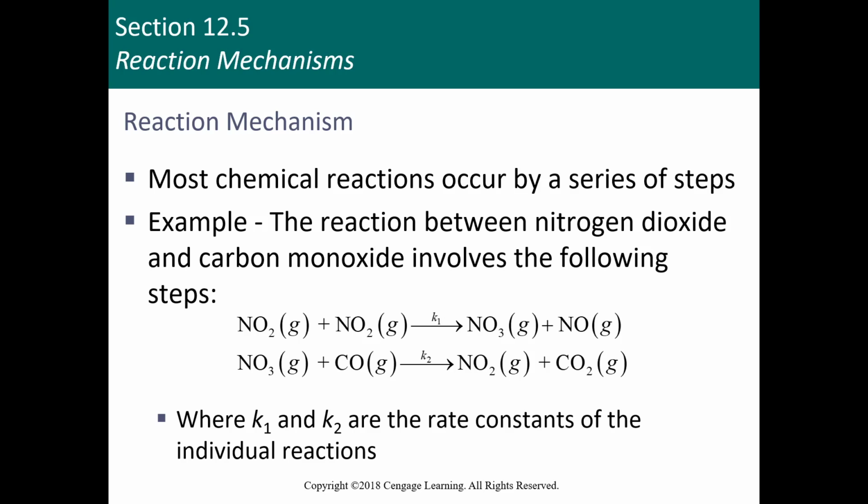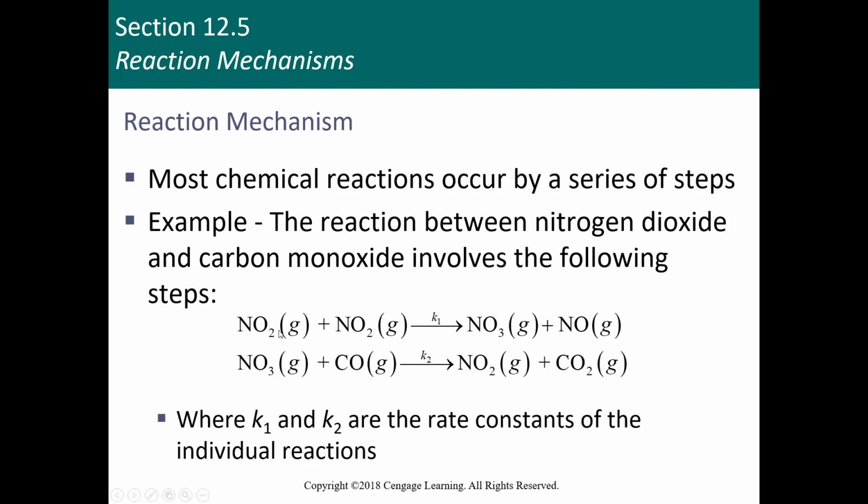If you really thought about it, every time we show you more than 2 things that have to come together, there's no way that 3, 4, even 5 things are all hitting each other at the same time to react, right? So reactions always have to happen in steps, and these steps are your mechanisms. They're how the reaction occurs.